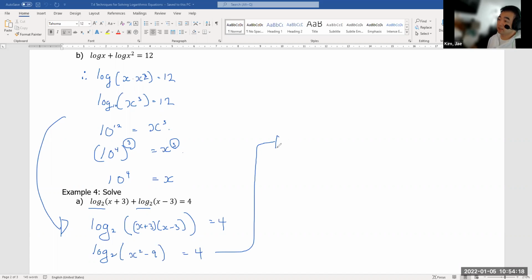I can say 2 to the power of 4 is equal to x squared minus 9. So it's 2, 4, 8, 16. So 16 plus 9 is equal to x to the power of 2. So 25 is equal to x to the power of 2, which means x could be plus or minus 5.